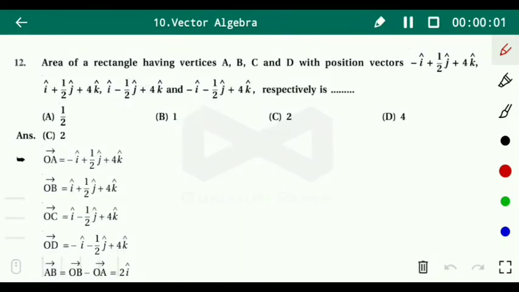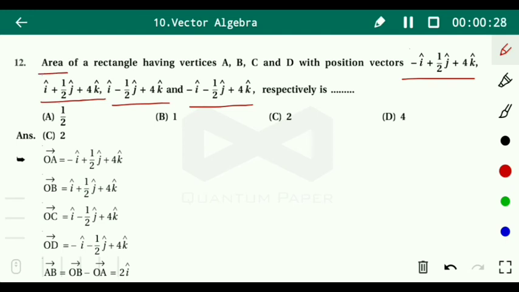Okay, next and last question of exercise 10.4, question number 12. Area of a rectangle having vertices A, B, C and D with position vectors minus i plus 1 by 2 j plus 4k, i plus 1 by 2 j plus 4k, i minus 1 by 2 j plus 4k and minus i minus 1 by 2 j plus 4k respectively is.